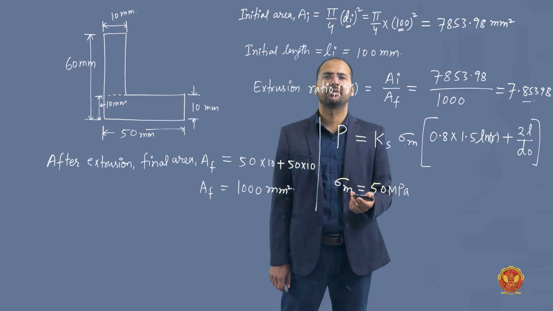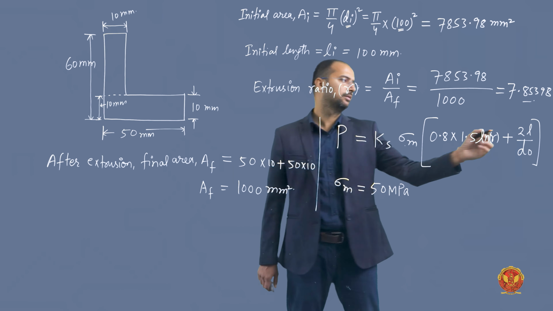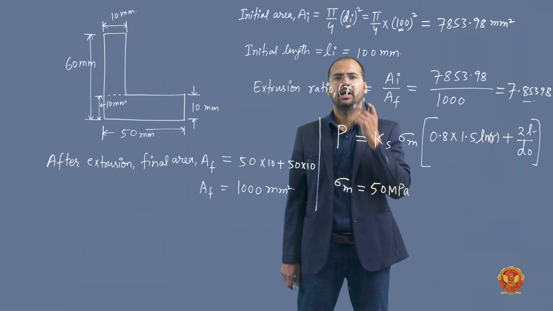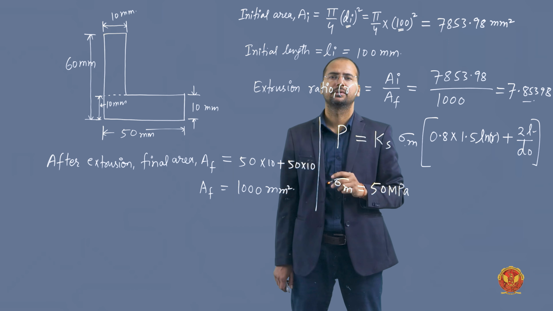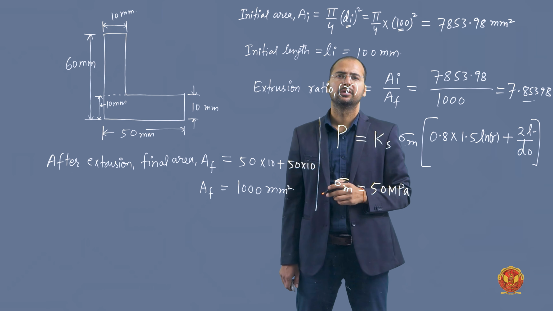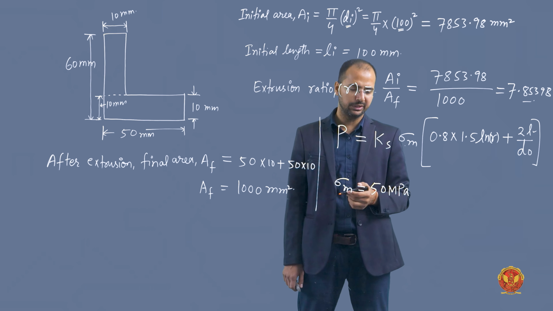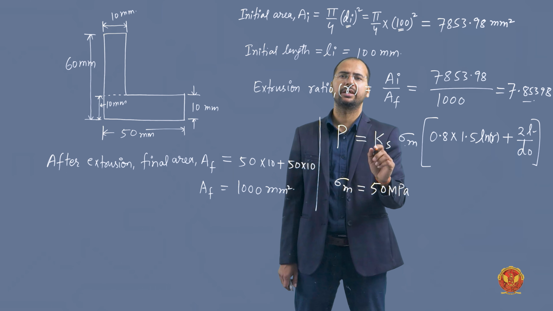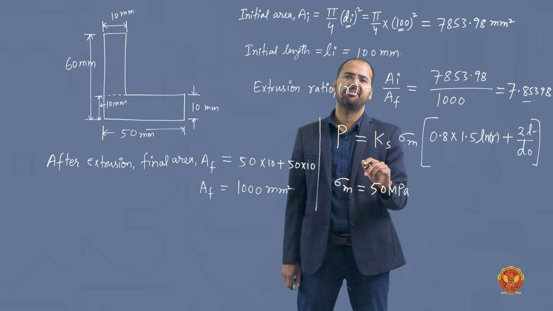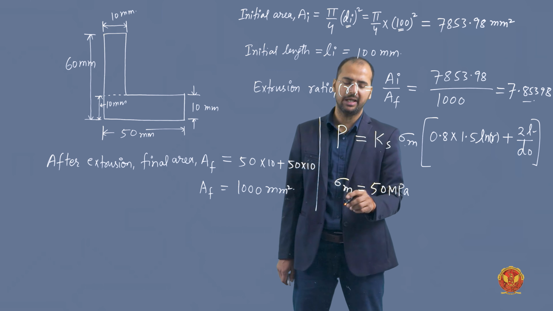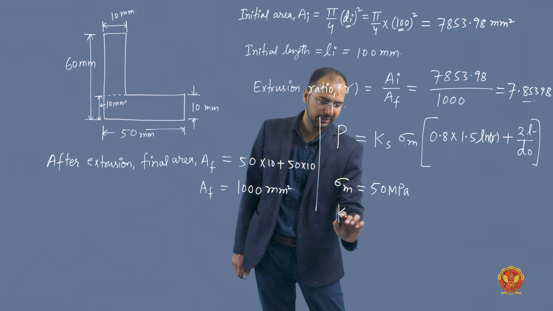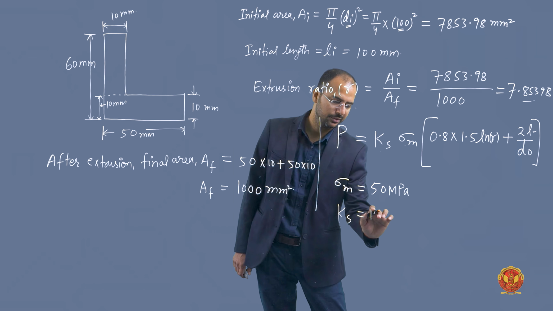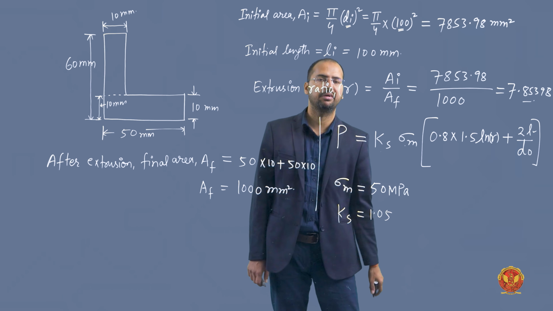In the question they have given L, the portion of the billet length remaining to be extruded. The question also gives the value of L, and Ks is also given. What is K? K is nothing but the die shape factor, and they have given the value of die shape factor as well: Ks is equal to 1.05.